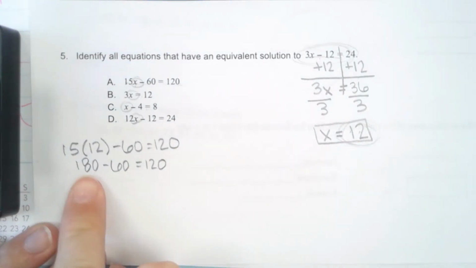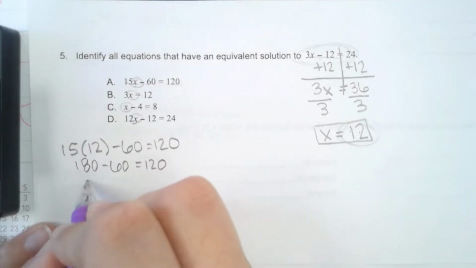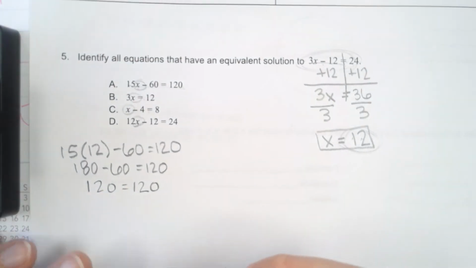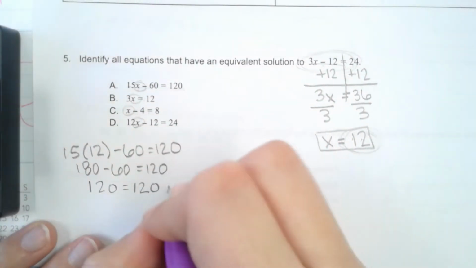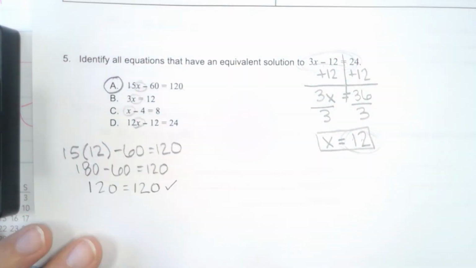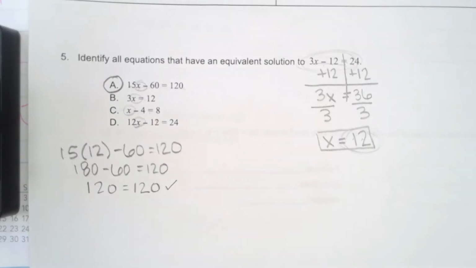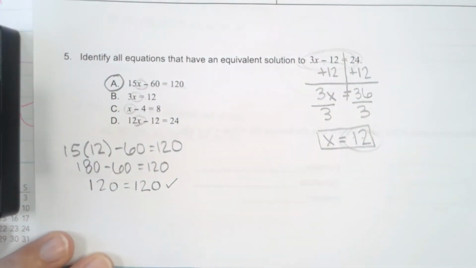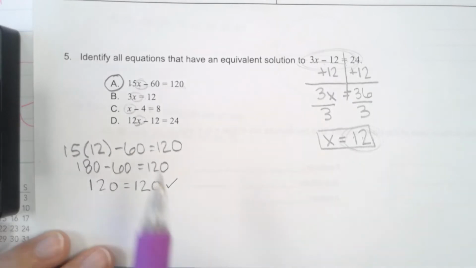And then 180 minus 60 gives me 120. So does 120 equal 120? Yes, it does. So if it works out, I know that that equation has an equivalent solution to this equation. Okay? So let's try B.